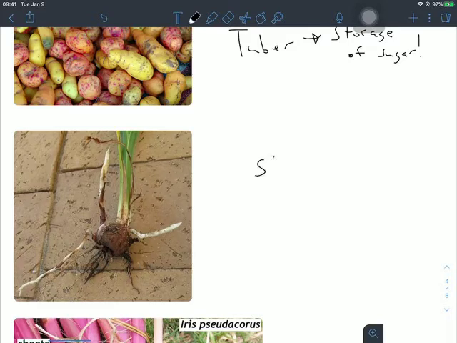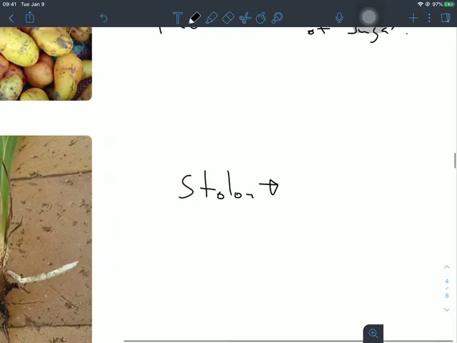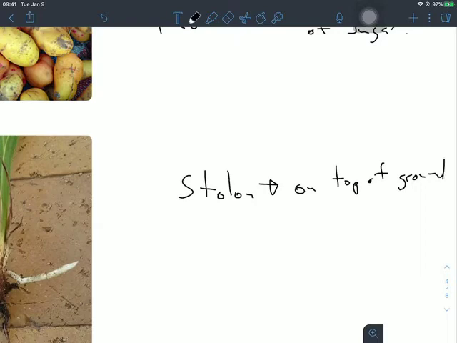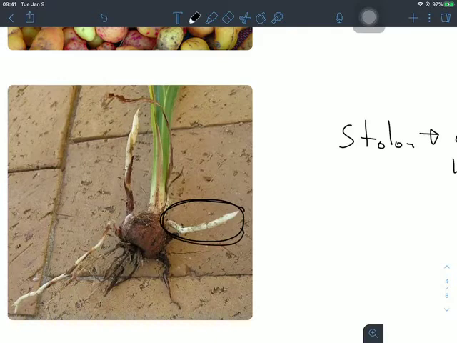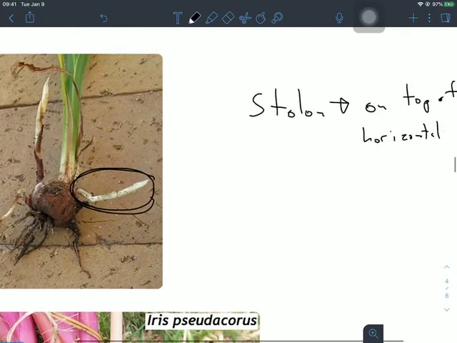You can have stolons, a stolon being an on top of ground horizontal stem that helps the plant grow. And when I say on top of, it can be near the top, so you actually have this structure here as a stolon of this corm.